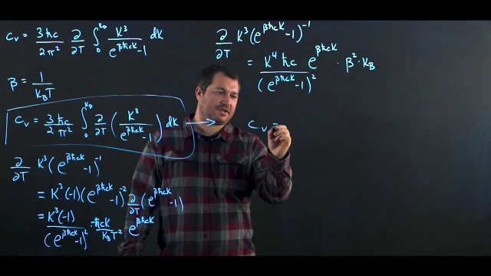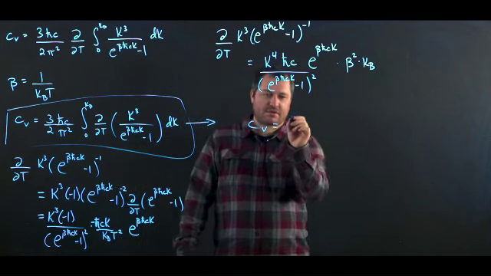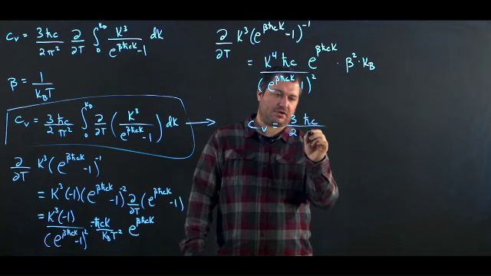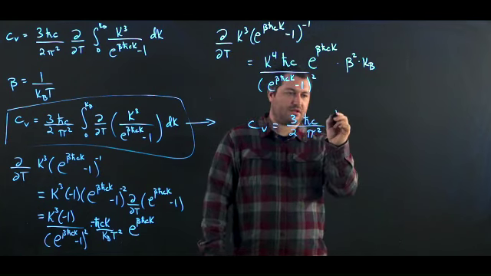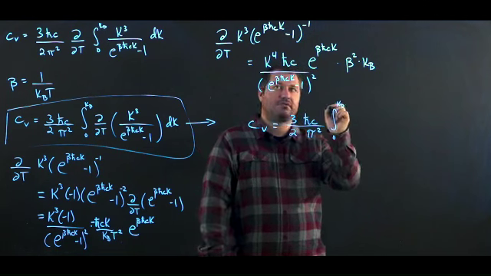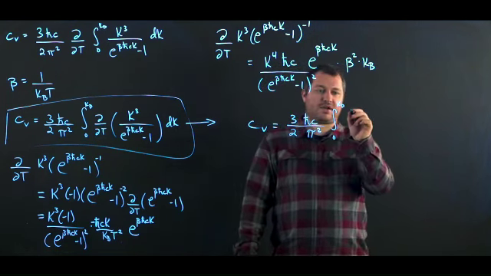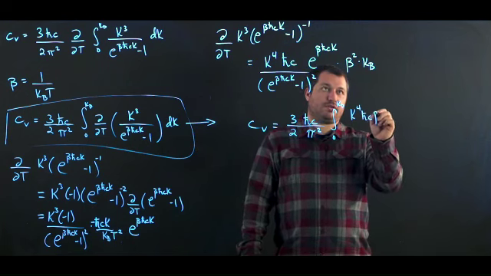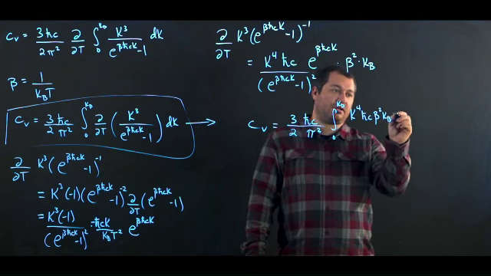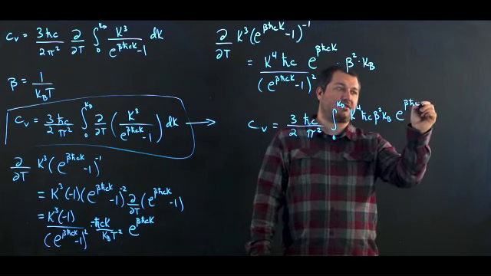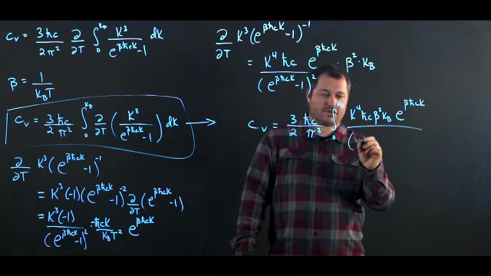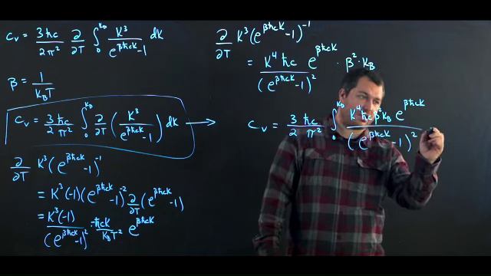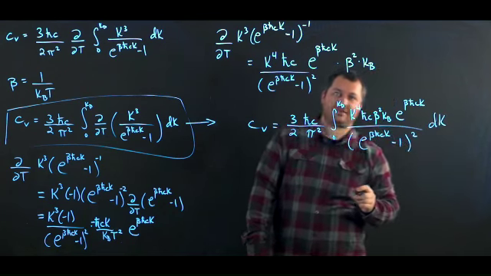So I now have CV is equal to 3 over 2 h bar c, this is over pi squared, the integral from 0 to kd, and I now have k to the 4 h bar c beta squared kb e to the beta h bar ck all over e to the beta h bar ck minus 1 squared dk.